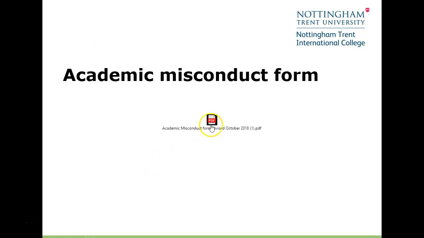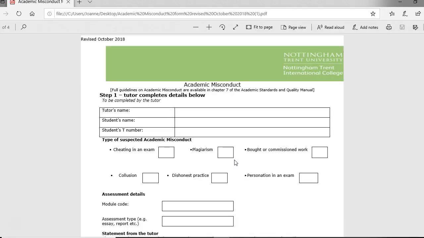So to go through the academic misconduct form, as you can see, the first part is to complete the form with your name, the student's name, and the student's T number.